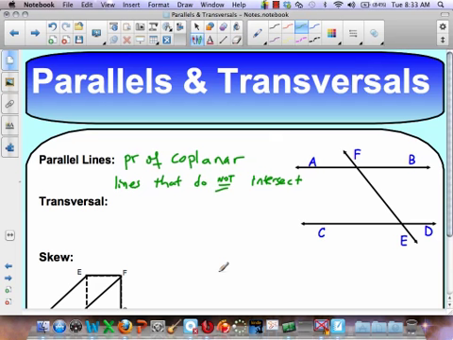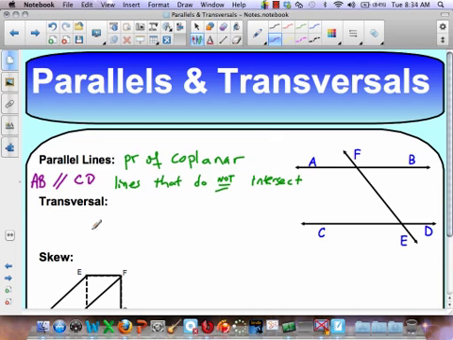So what are my parallel lines in this diagram? AB and CD. All right, so therefore AB is parallel to CD.